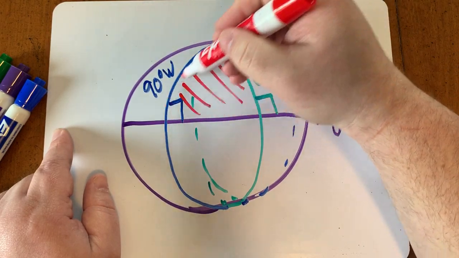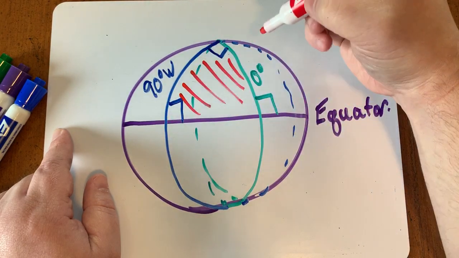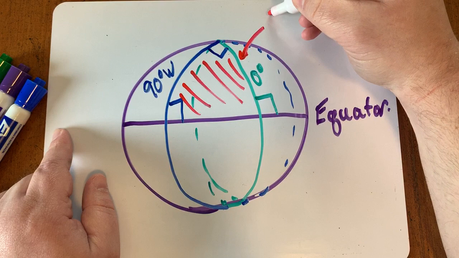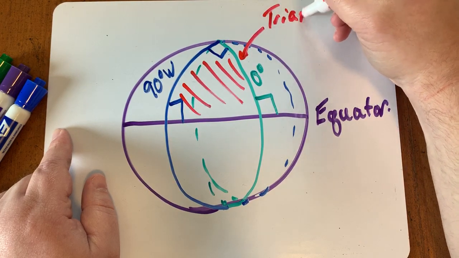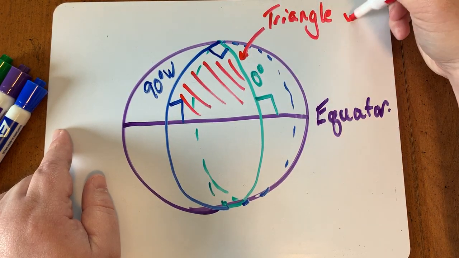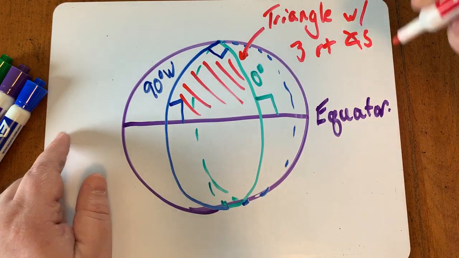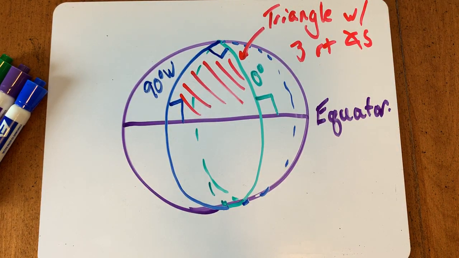So this is a region bounded by 3 line segments. That's a triangle. And it has 3 right angles. So in spherical geometry, you can actually have a triangle with 3 right angles. I just thought that's a cool thing for you guys to see.